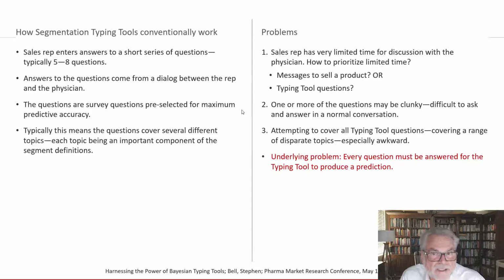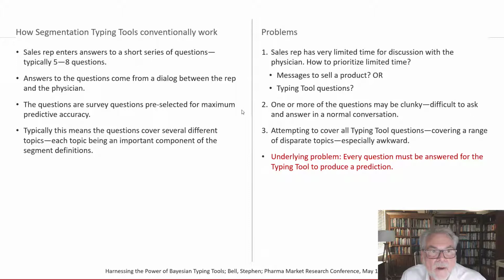When the rep gets access, then there's very limited time for actual discussion, conversation with the physician. Now look at it from the sales rep's point of view. If you have a limited amount of time, what would you rather be doing? Running through typing tool questions or selling a product? Okay, so first problem is, should the typing tool questions get a high priority?